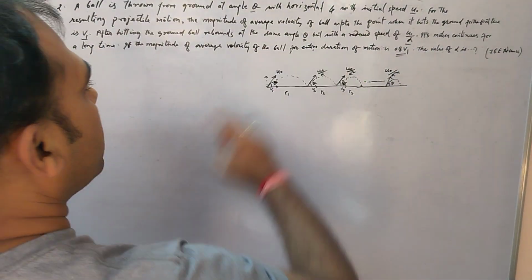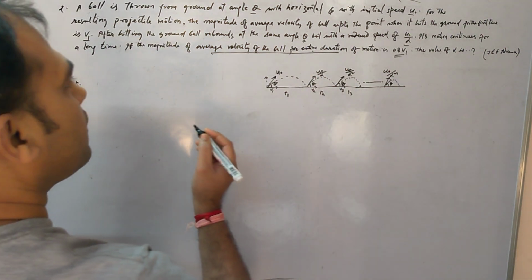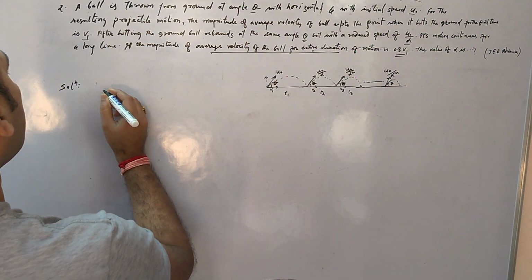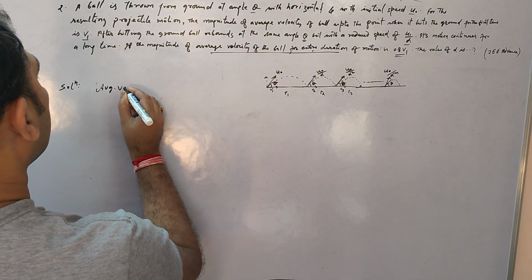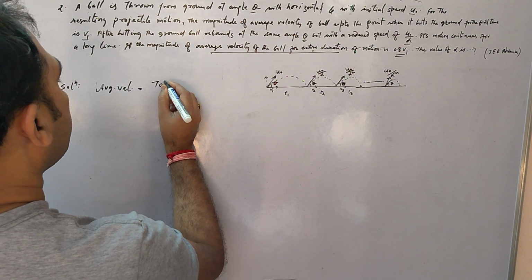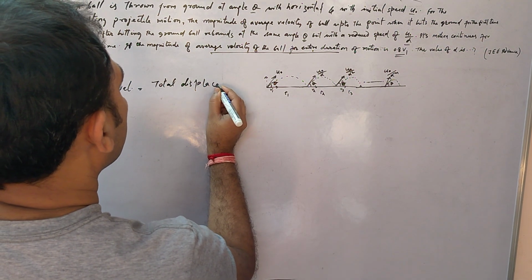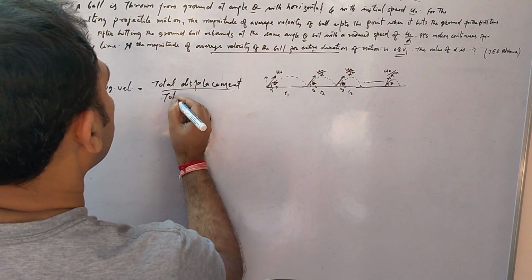Average velocity of the entire motion. What will be the average velocity of the entire motion? Average velocity will be equal to total displacement upon total time.